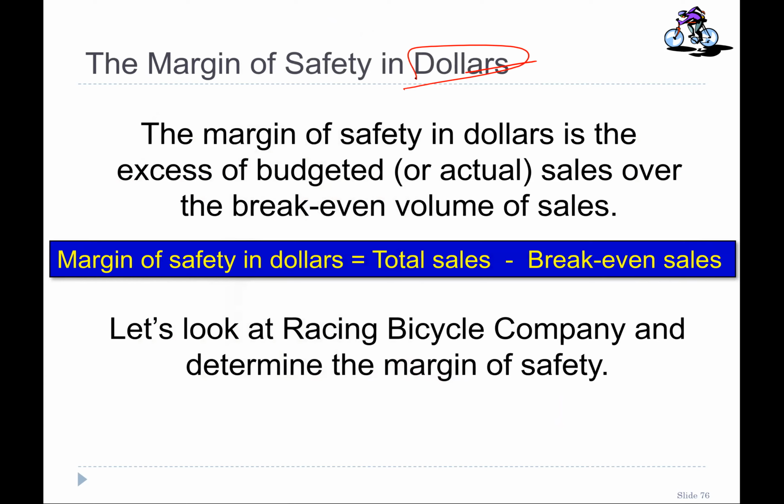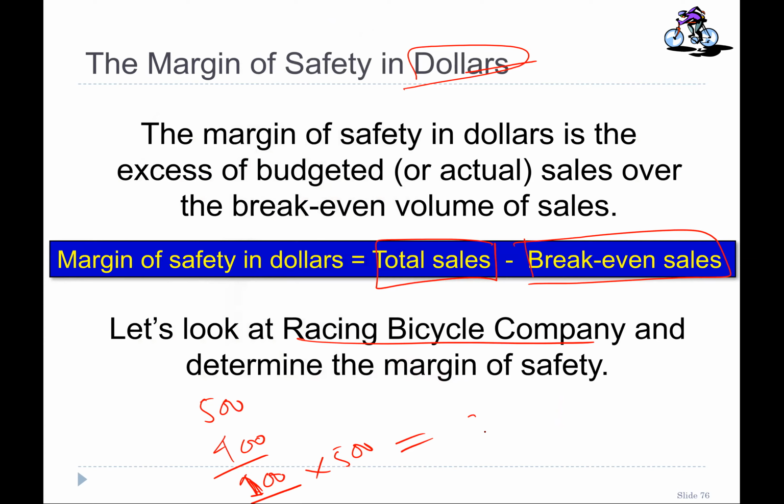The formula for margin of safety is total sales, your current sales, minus break even sales. If we continue our RBC example, how many units are they selling right now? They are selling 500 and their break even is 400. They are selling 100 bikes above the break even and they are safe by 100 bikes. 100 multiplied by the 500 market price, answer is 50,000.